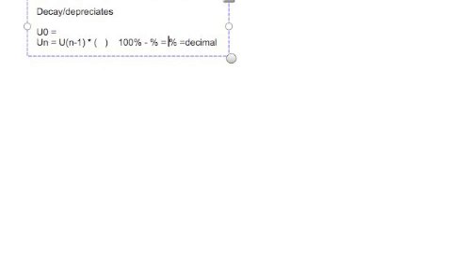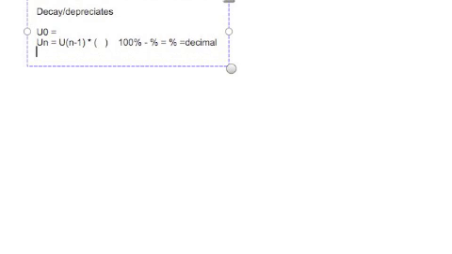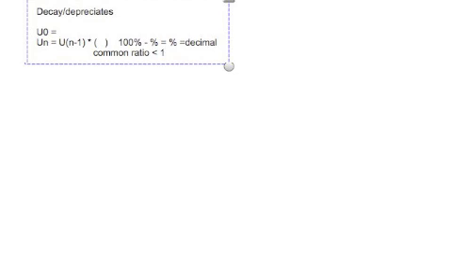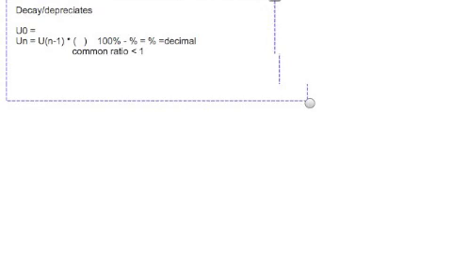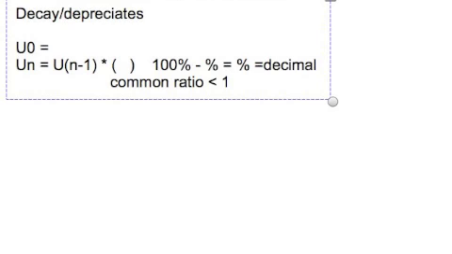You will need to put the decimal in place of the parentheses. Again, that common ratio, that r that you find there, is going to be less than 1. All right, that is for examples that are depreciating in value.